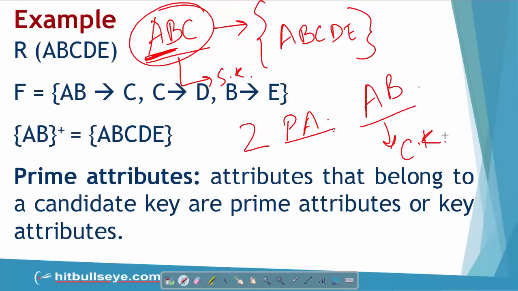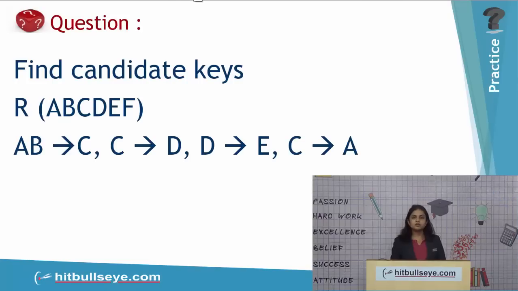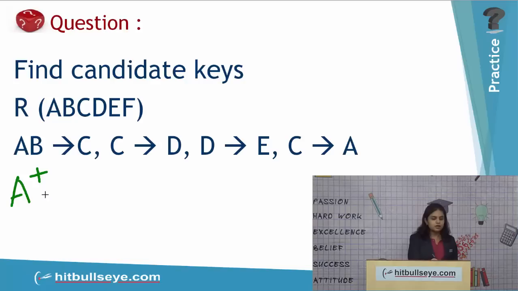Let's try to understand this with the help of another question. Suppose we have a given relation A, B, C, D, E, F with functional dependency set AB goes to C, C determines D, D determines E, and C determines A. So let's try to find out all the candidate keys. Let me find the A closure. Am I able to get anything from A closure?